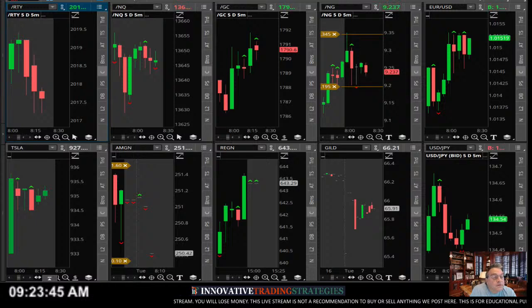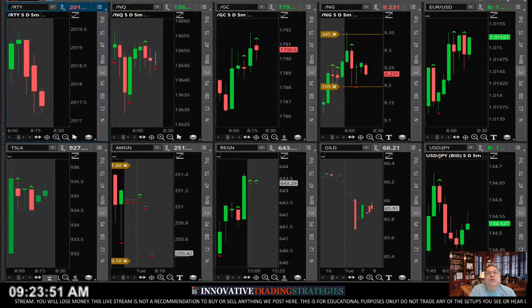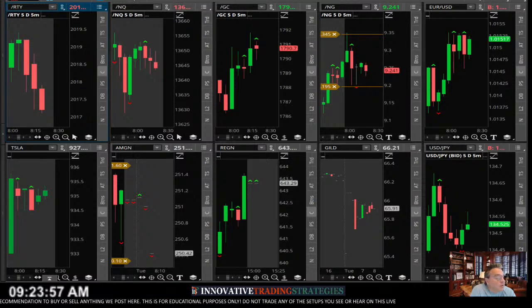Nothing on gold. Gold looks like it wants to work lower. Looks like Tesla wants to come up a little bit here, but nothing there yet. Nothing on REGN, GILD, nothing.